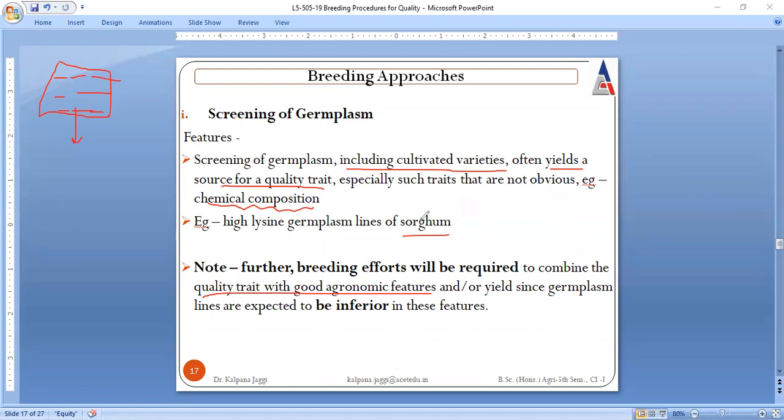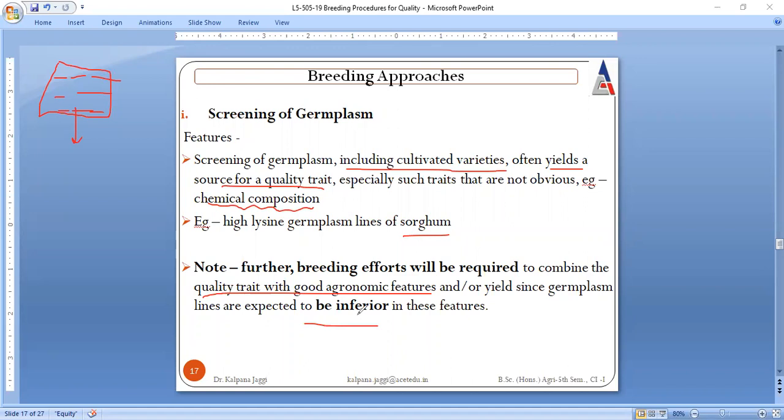Why do we need to combine breeding efforts along with the screening? Because when we talk about the germplasm and the features present in it, they are sometimes expected to be inferior, meaning they are not going to represent themselves.